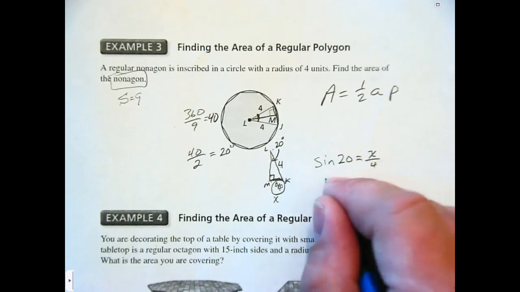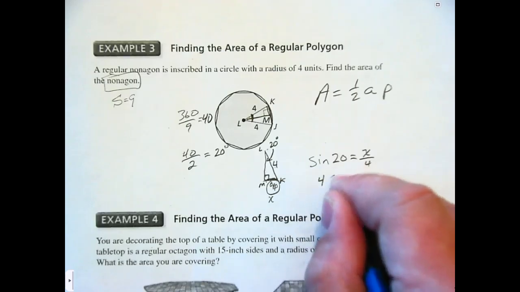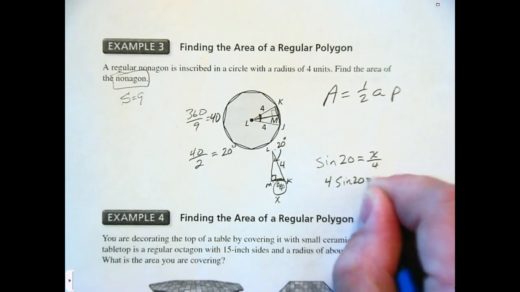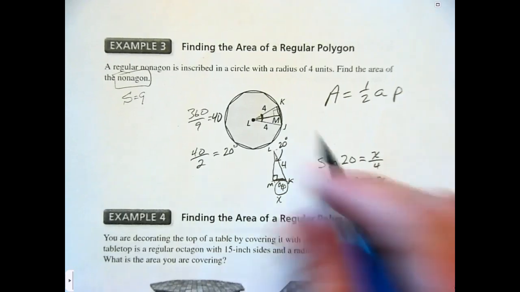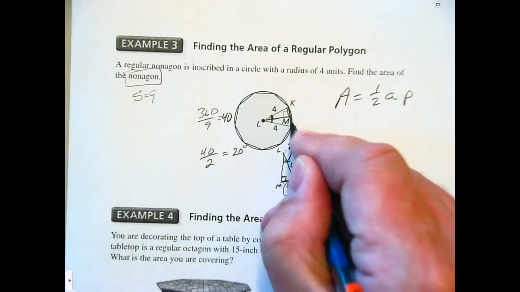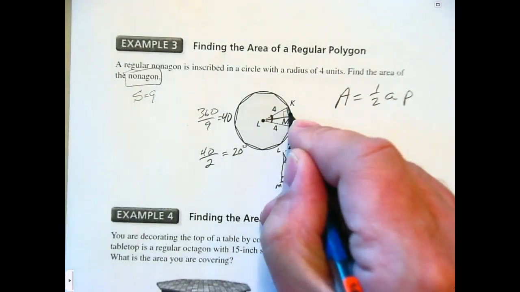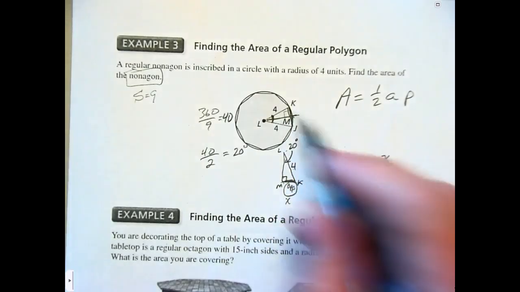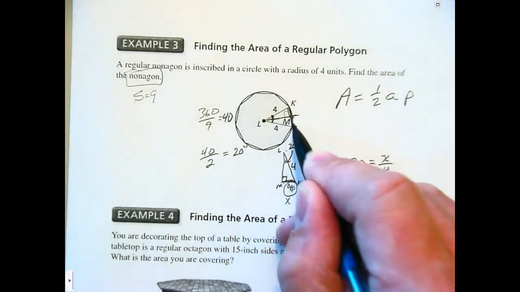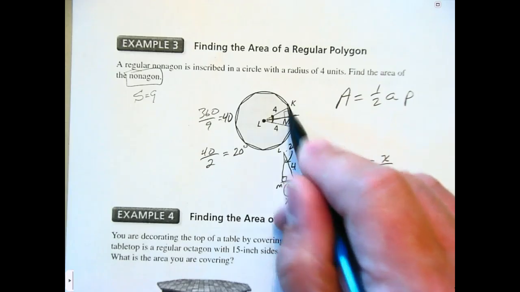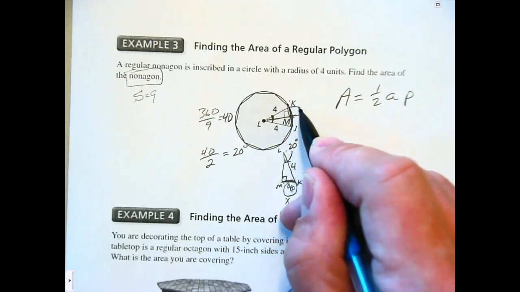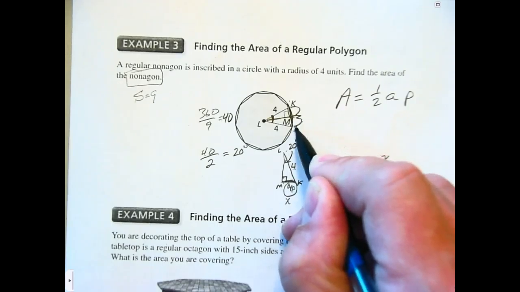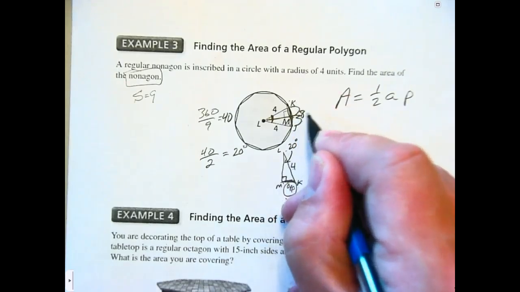So x is equal to, cross multiply, 4 sine 20. Now that is a half of this entire side. So how many 4s is it going to make or take? How many 4 sine 20s is it going to take to make up an entire side? 2 of them. So a grand total of, this side length is 8 sine 20.